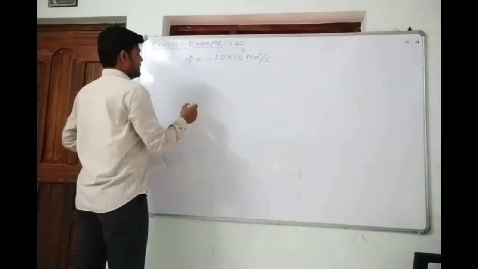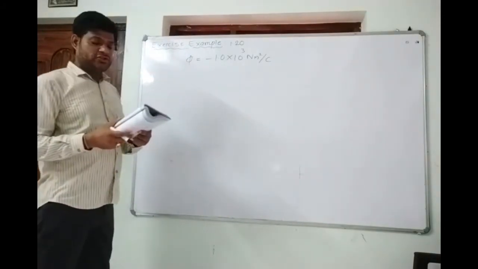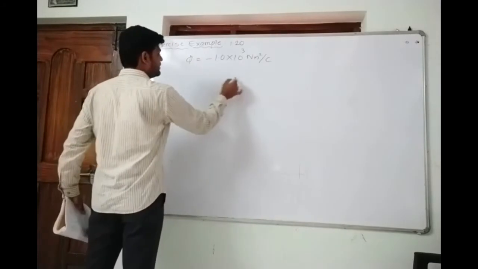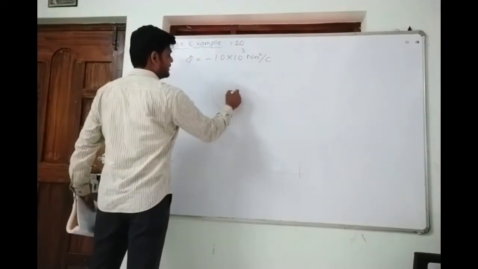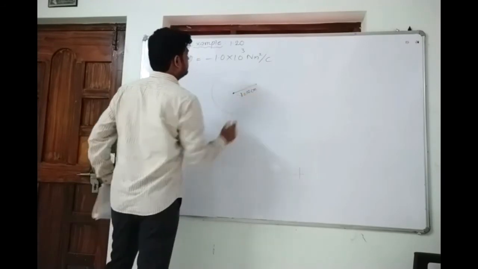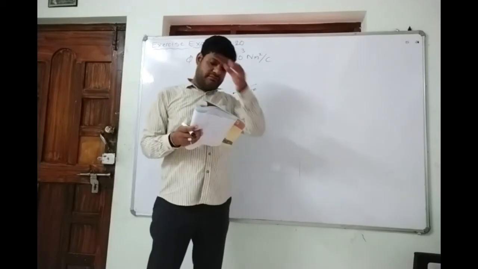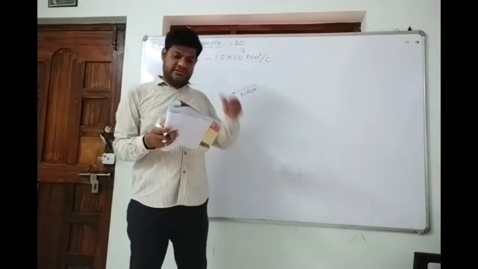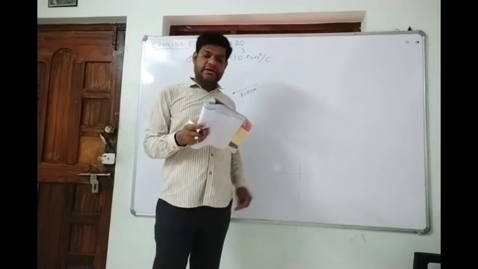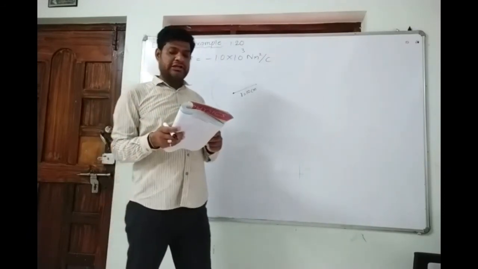See, the spherical surface is given and the radius of the spherical surface is 10 cm, and the point charge causes an electric flux of minus 1.0 × 10^3 Newton meter square per coulomb to pass through the spherical Gaussian surface.